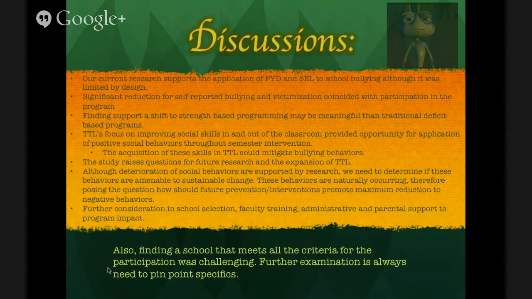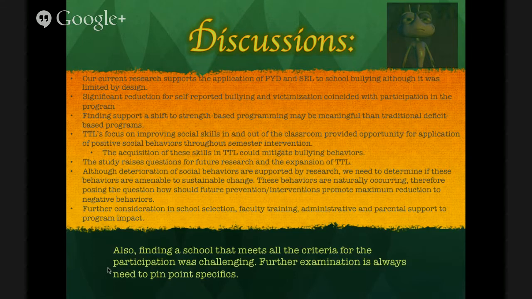These studies raise questions for future research and the expansion of TTL. Although the deterioration of social skills is supported by research, we need to determine if these behaviors are amenable to sustainable change. These behaviors are naturally occurring, therefore posing the question, how should future prevention and intervention promote maximum reduction if negative behavior still exists?